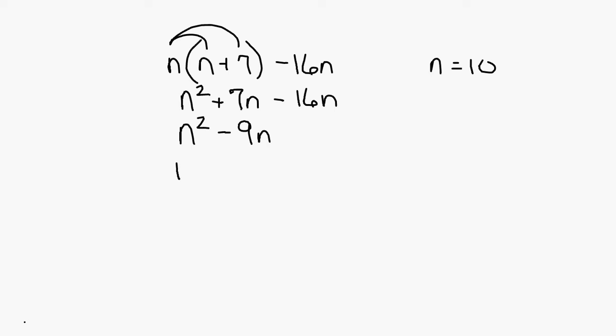So now you've got 10 squared minus 9 times 10. So 10 squared is, and you can do this in your calculator, if you push 10 and then push the x squared button, and then push minus 9 times 10. So you're going to have 100 minus 90, and that equals 10.